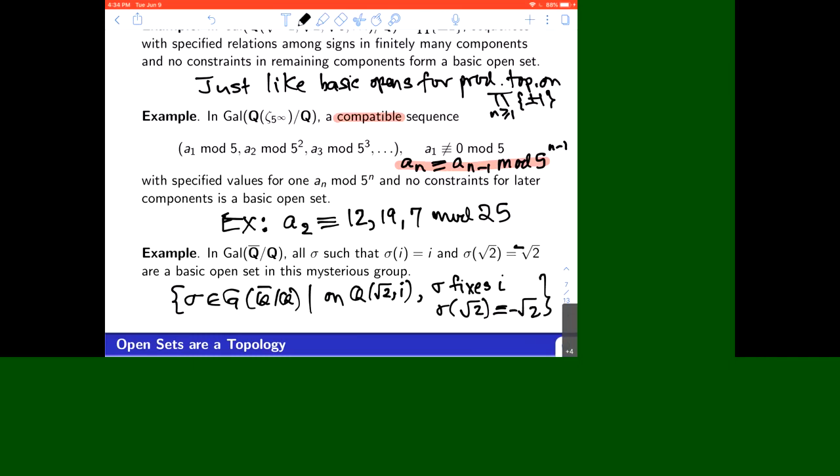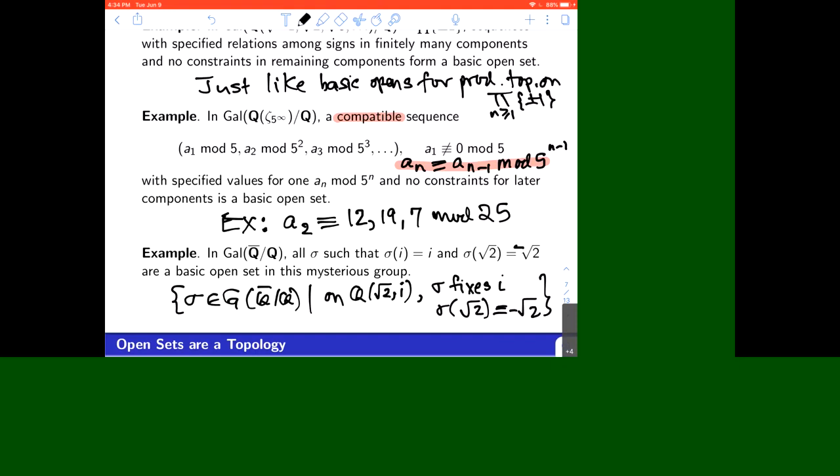So that's a finite amount of information. I'm telling you how the automorphism has to behave on the Galois group of Q adjoin root 2 and I over Q, that little degree 4 extension, and its inverse image under everything that has that behavior all the way up on Q bar. I cannot give you a formula for such sigmas, but they exist thanks to Zorn's lemma.